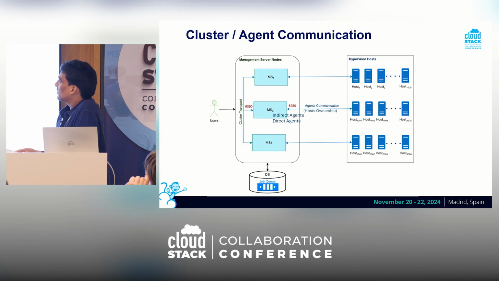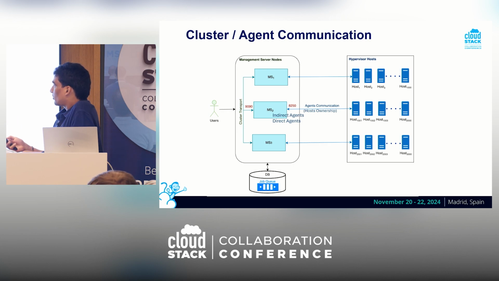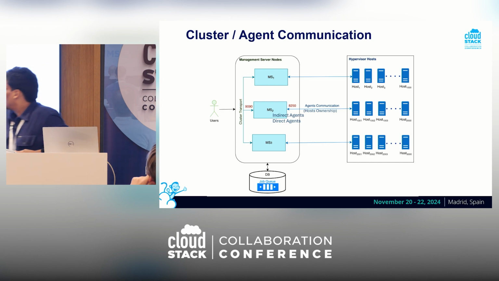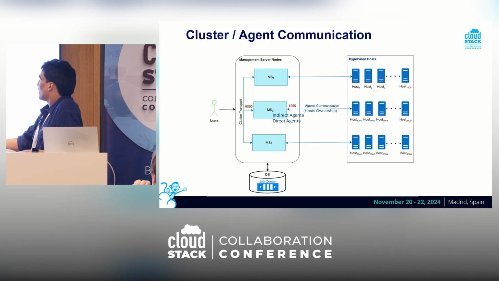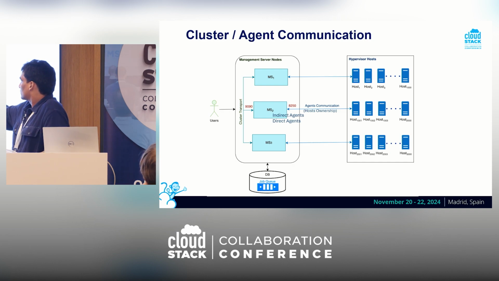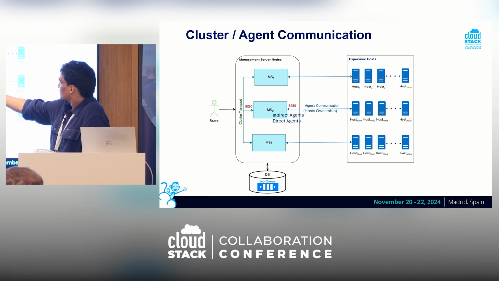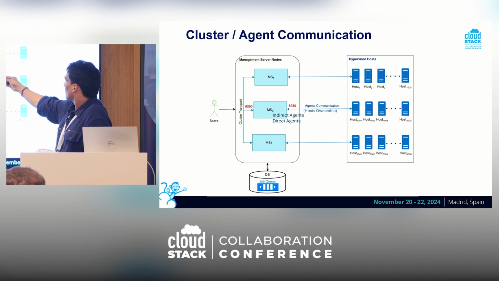So this is the cluster and agent communication. Say someone is performing operations on management server 2, which is this one. I have triggered some actions to do on this host. I have 3 management servers here, and each management server owns 1000 hosts.